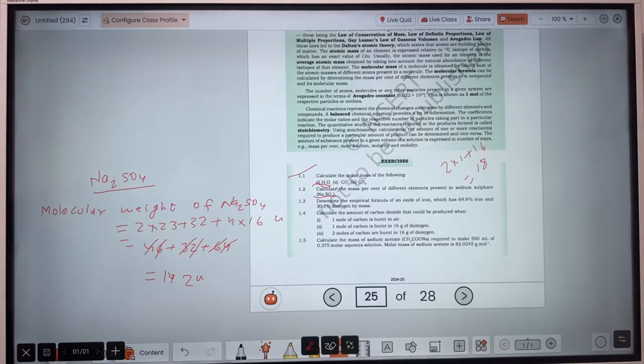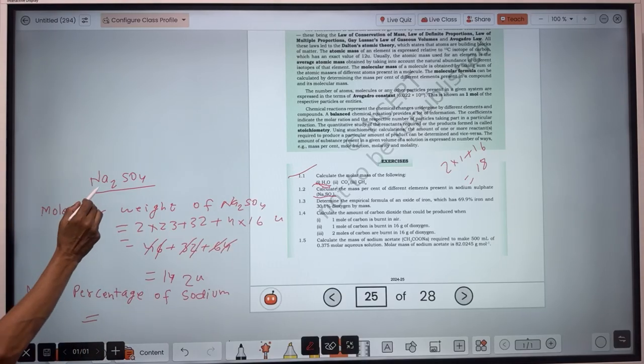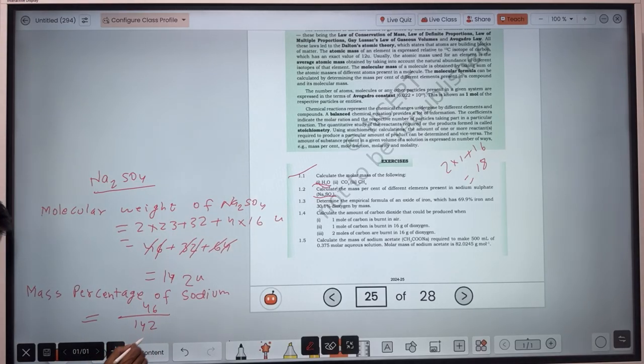Now firstly find out the mass percentage of sodium. There is how much sodium? 2 into 23, that is 46. So that will equal 46 upon the total mass of the compound, which is 142. So 46 U upon 142 U into 100.